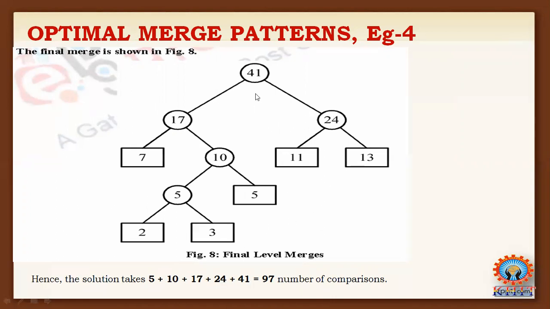In the fifth level, 41 comparisons are required. Total number of comparisons required is 97. Hence, 97 is the optimal way of merging the given files. Arrange all the files in ascending order of their size, and we will get the optimal solution.